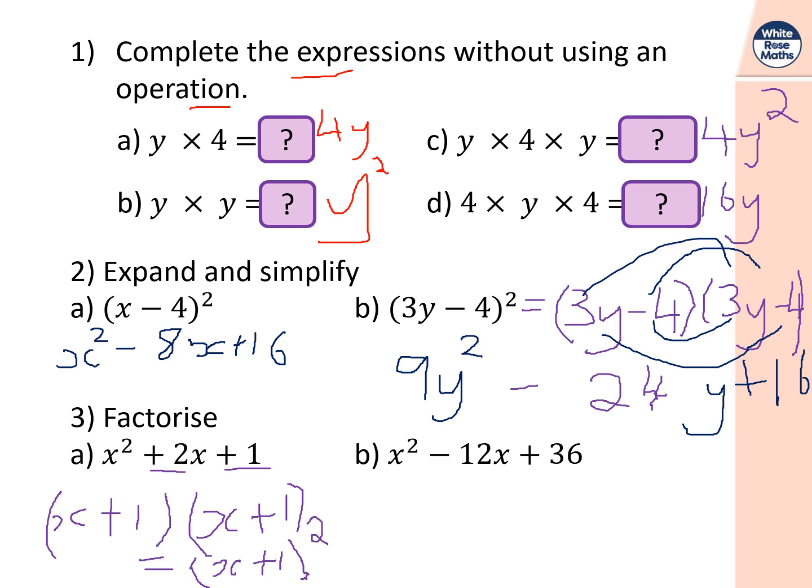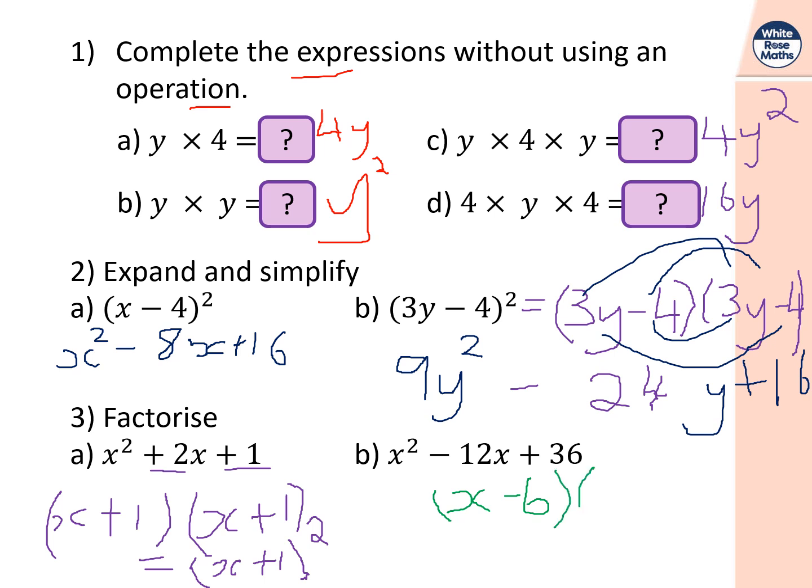For part B, factorizing this, that's going to be x minus 6 times x minus 6. And again, if you're unsure, you are able to double check by expanding it.